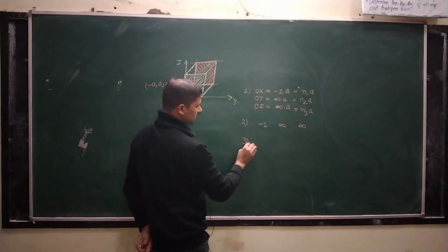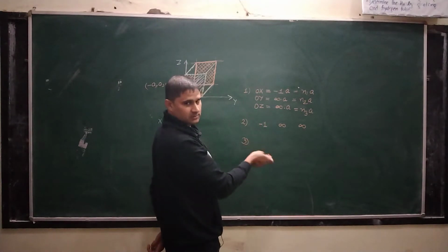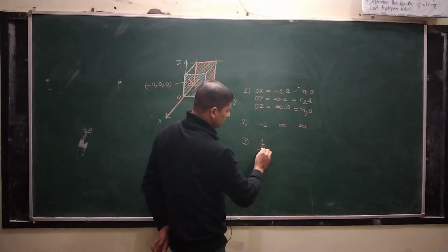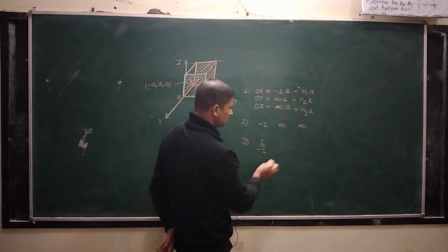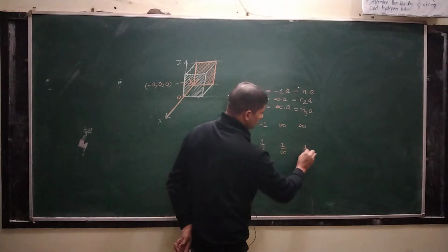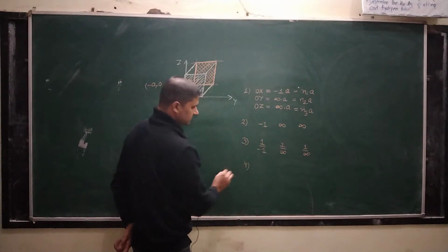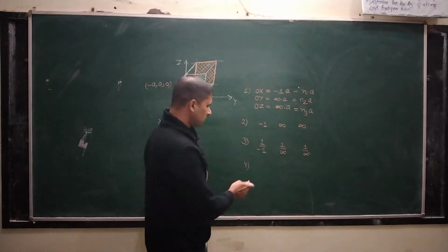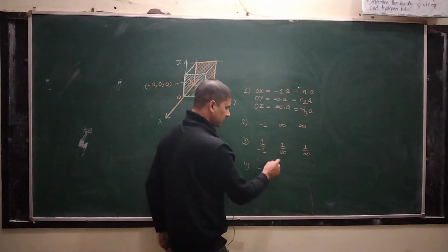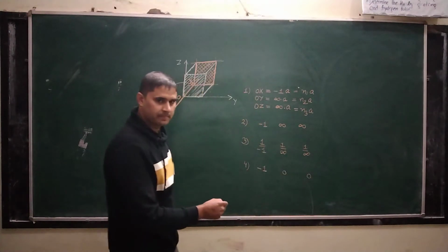And for the third step, we will take the reciprocal of that, so it will be 1 by minus 1 and then 1 by infinity, then 1 by infinity. So here in the fourth step you remove the fractions and you will get minus 1, okay class, and then you have 0, then 1 by infinity, it is again 0.